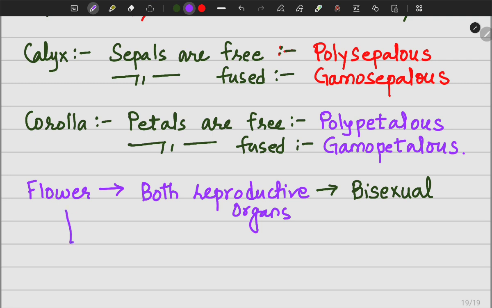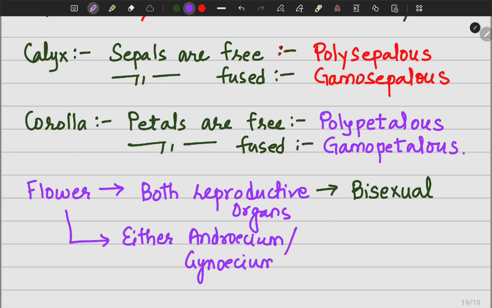Whereas if it has either androecium or gynoecium, either male or female reproductive organs are present, that kind of flower is called a unisexual flower. I hope these terms are also clear to you.